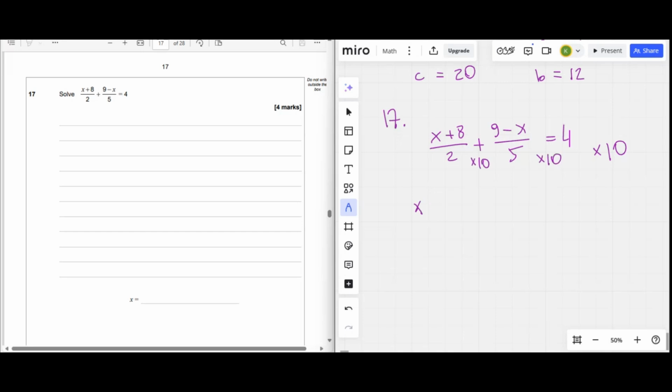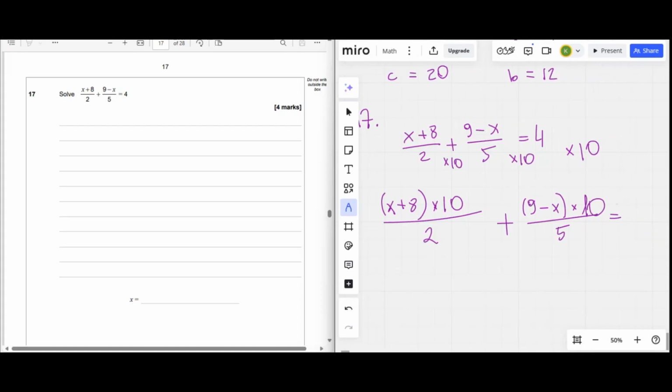What it does? Let's rewrite the numerator. Let's put times 10 on top of it and divide it by 2 plus, and remember to use parentheses. X times 10 by 5 equals 40.